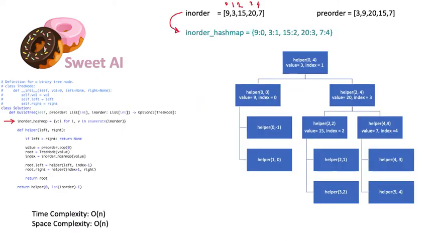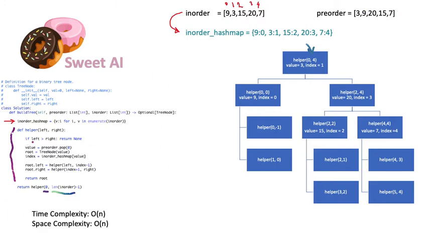We are going to use a helper function to call this action recursively, and we start the helper function with index 0 and index length of the array minus 1, which is index 4.